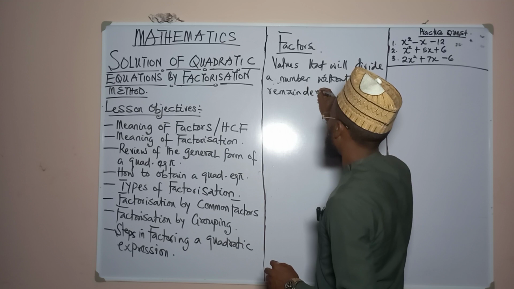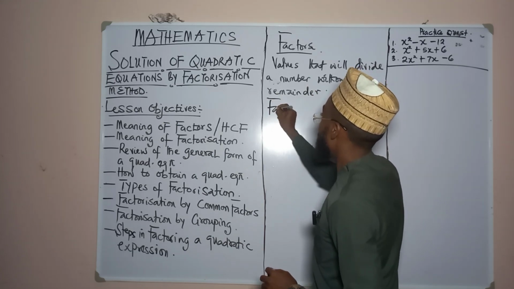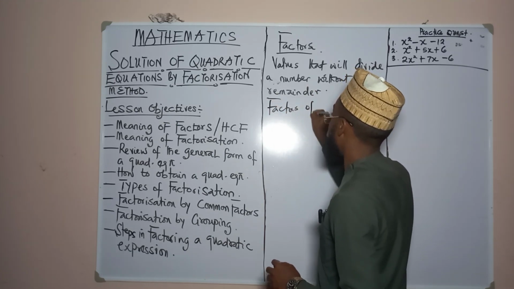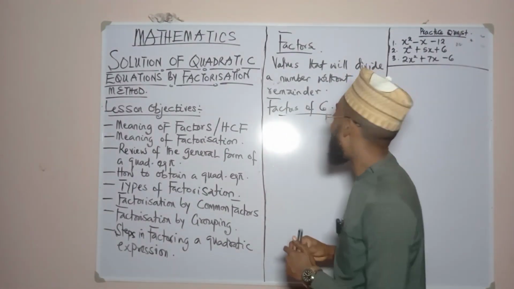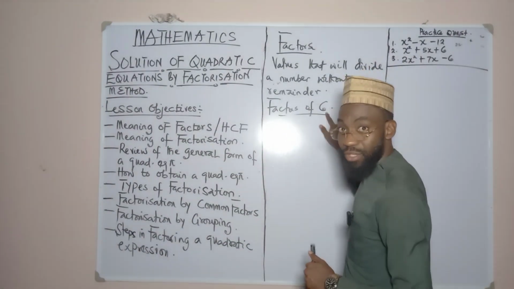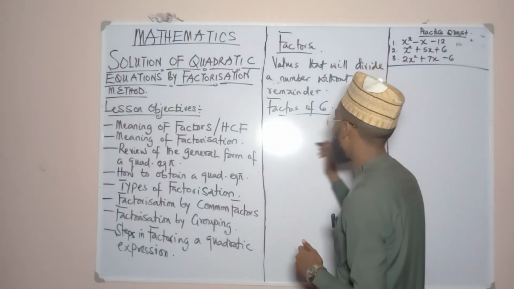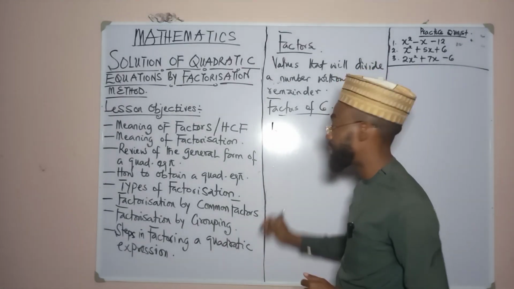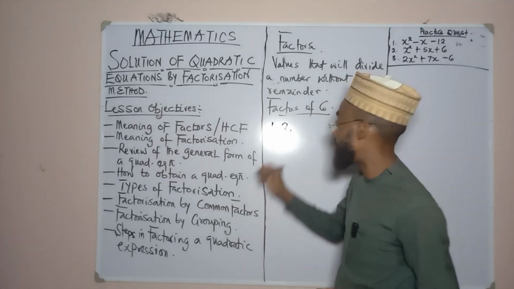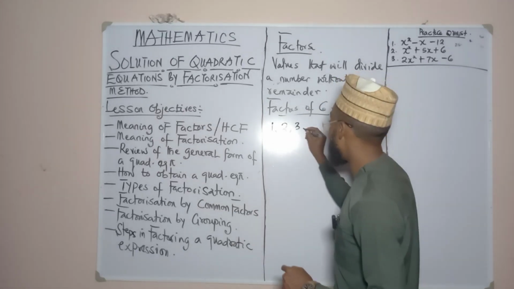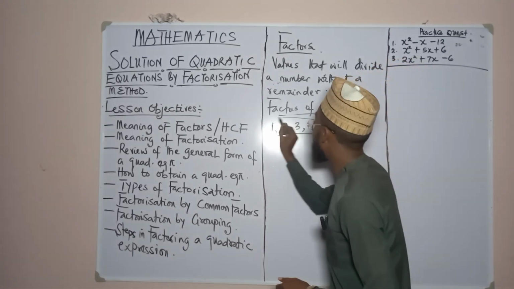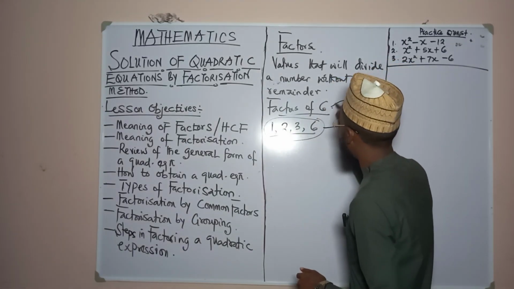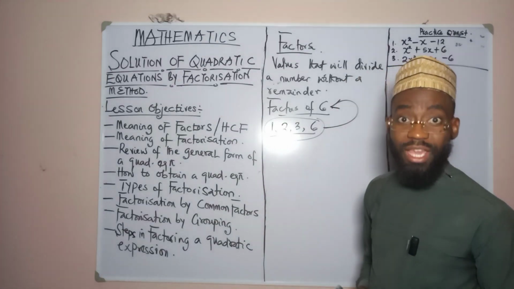That's what we call the factors of a number. For example, if we are asked to find the factors of 6, you look for those values that will divide 6 without a remainder. And what are those values? 1 can divide 6, 2 can divide 6, 3 can divide 6, and 6 can also go into 6. So these are referred to as factors of 6.